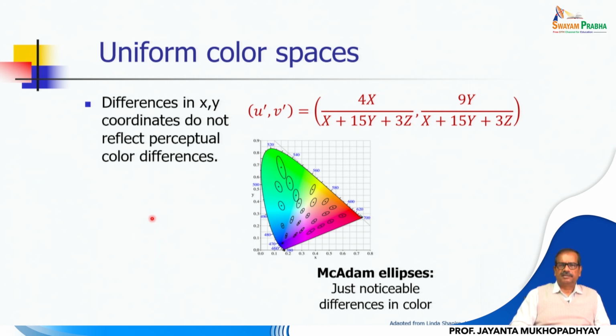You cannot make them exactly equal, there will be some variations, but this variation gets smaller.